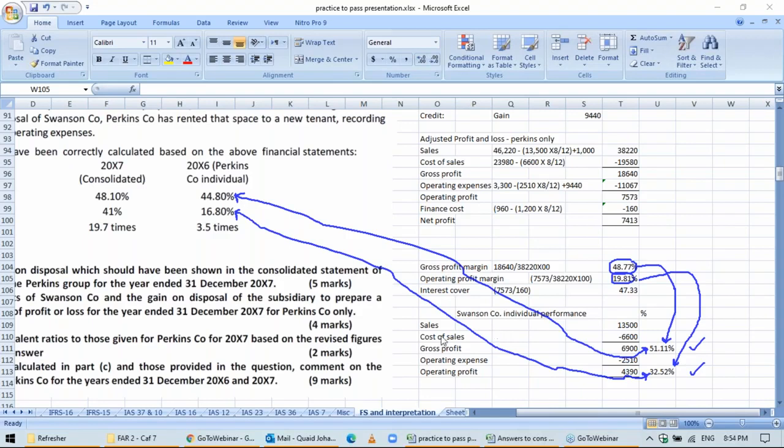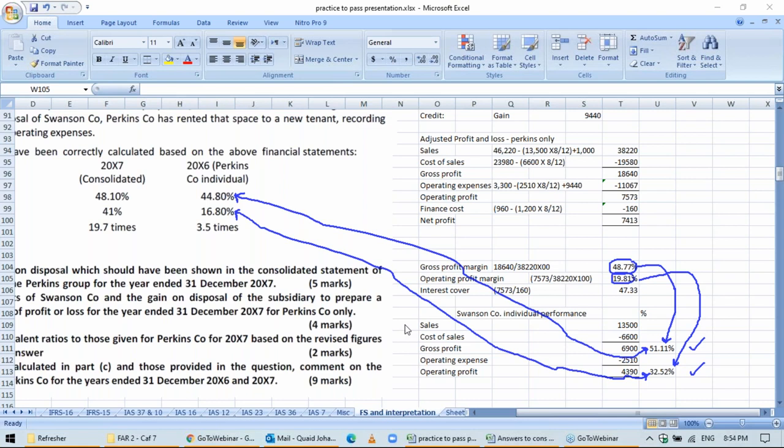When the parent company acquires a subsidiary company, what happens? The parent company starts providing many services at a lower rate. Like in this question, the intercompany sales were taking place at what margin? At 30%, isn't it? At 30% margin.